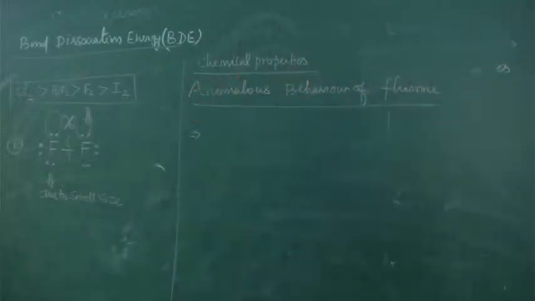You would have studied electrochemistry, right? Now that is clear? So F2, strongest or weakest oxidizing agent?